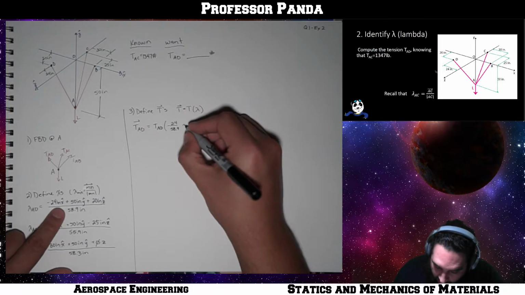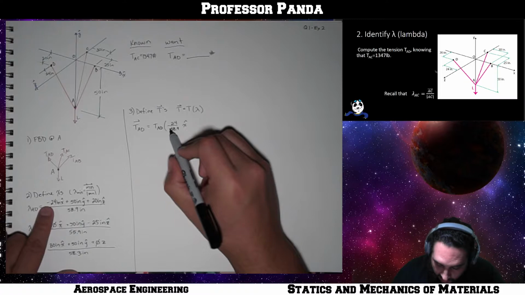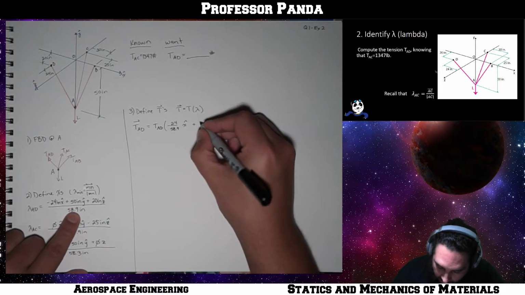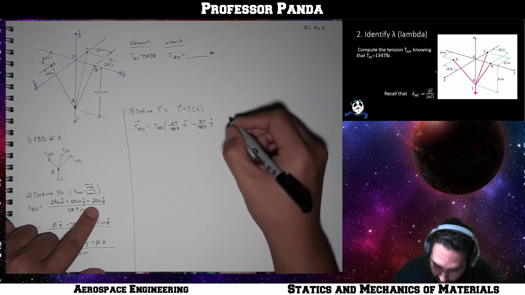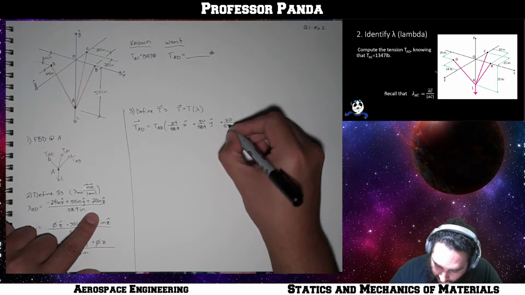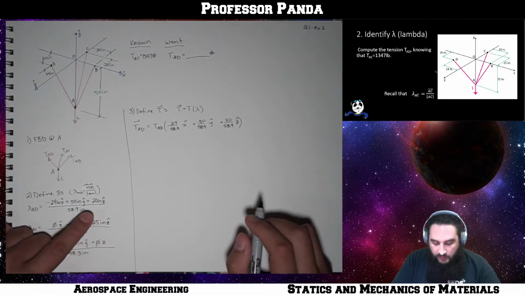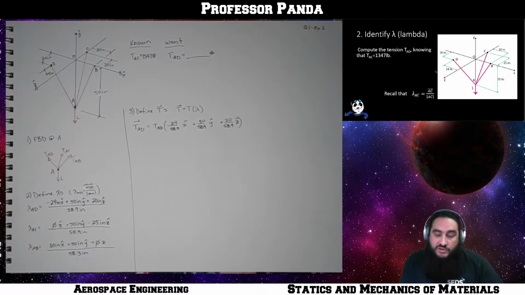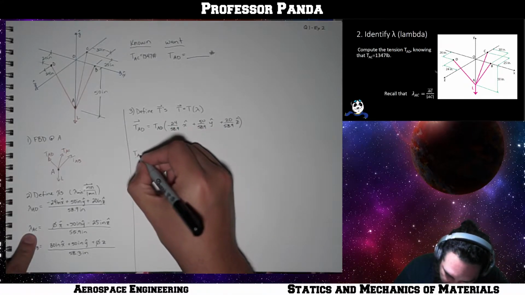Okay, so this is all X hat. Minus carries over. Plus 50 over 58.9 Y hat. Plus 20 over 58.9 Z hat. Okay, let's just rinse and repeat. Do this twice more with TAC.